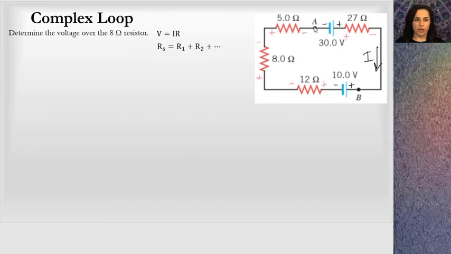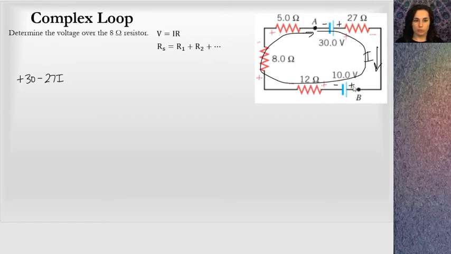Let's start at point A and do a loop around to point A again. So at point A, I get a 30-volt rise over that battery. I get a minus 27I, right? This is I, which I don't know yet, and the resistance on this is 27, and it's a drop.